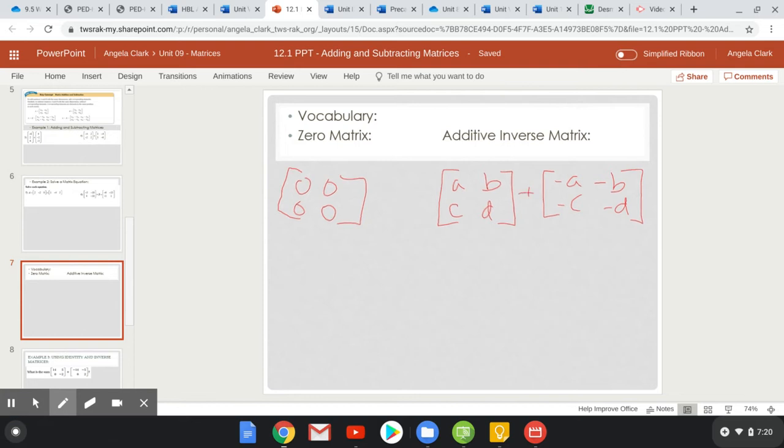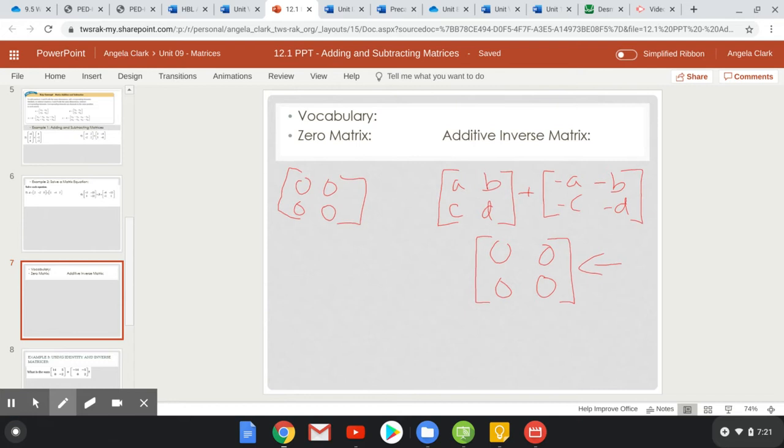And when I add them together, I would get A minus A is 0, B minus B is 0, C minus C is 0, and D minus D is 0. So if I add them together, I get the zero matrix.